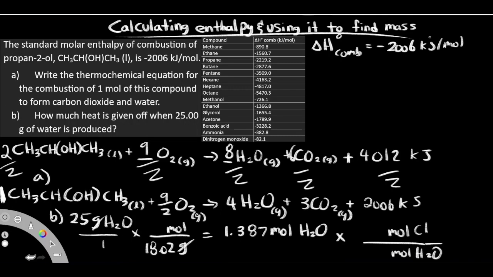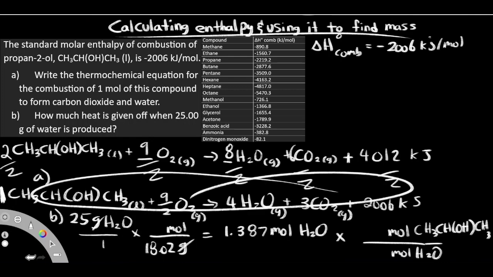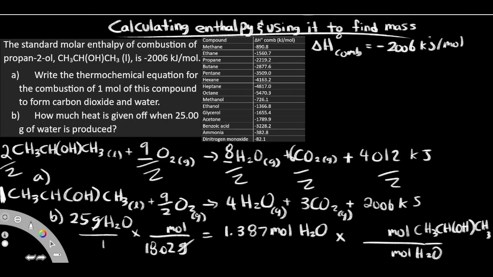So I'll just put my propan-2-ol over here, CH3CHOHCH3. Well, let's look at our thermochemical equation. For every 4 moles of H2O, there is 1 mole of propan-2-ol. So I'm going to be doing that, and this is how I'm going to be doing my ratio. My moles of H2O cancel out.